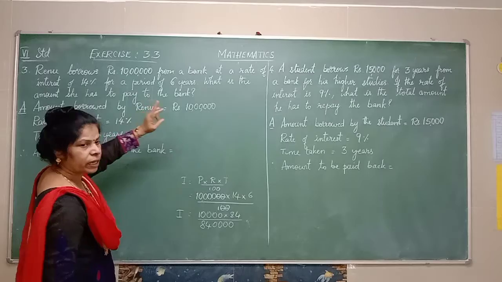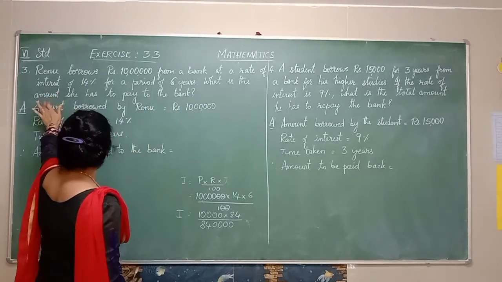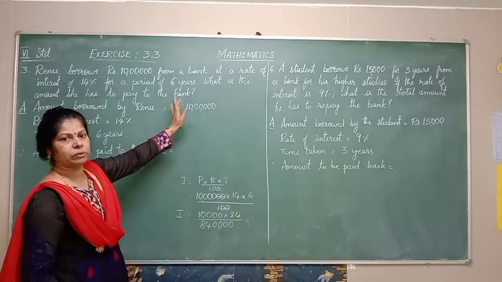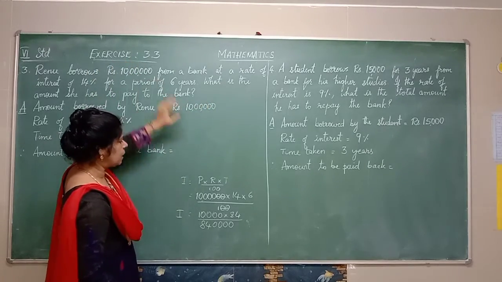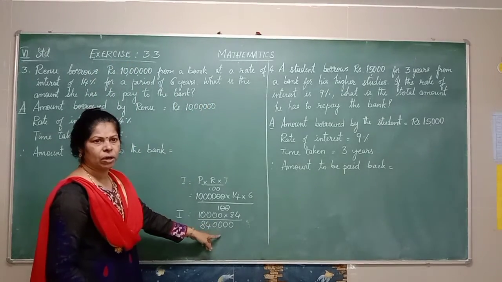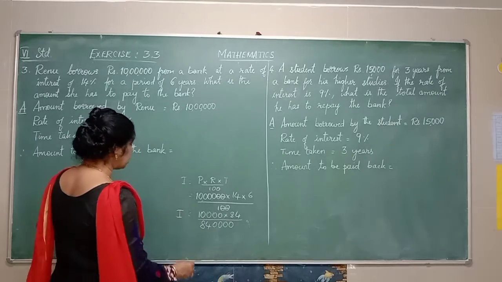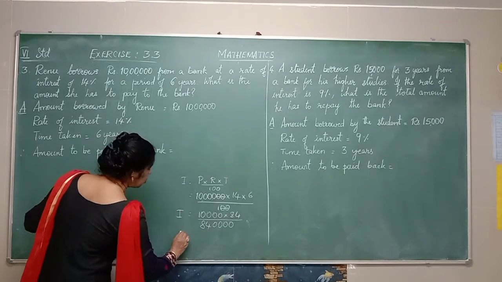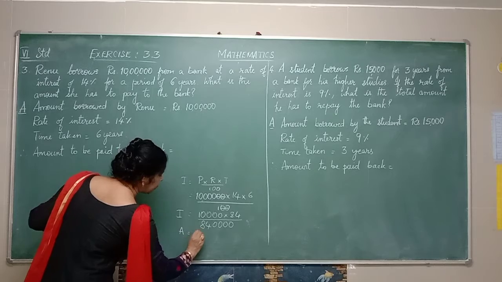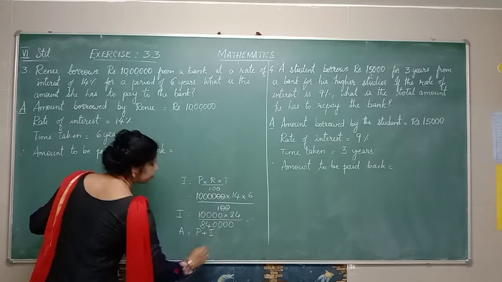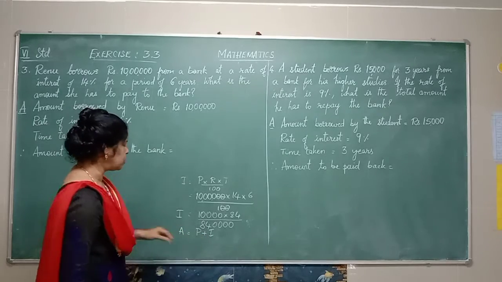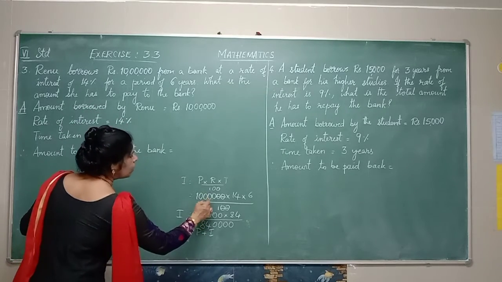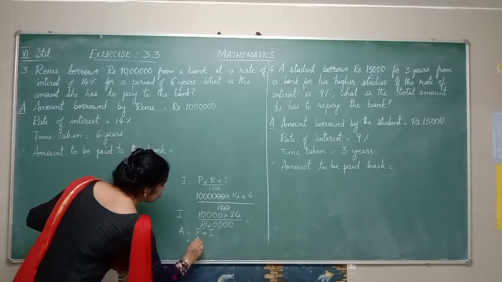But the question here is, what is the amount she has to pay to the bank? She has to pay this 10 lakh plus this 8 lakh 40,000 interest also. That is the amount. So amount A is equal to principal plus interest. What is the principal here? What she has borrowed from the bank, 10 lakh.